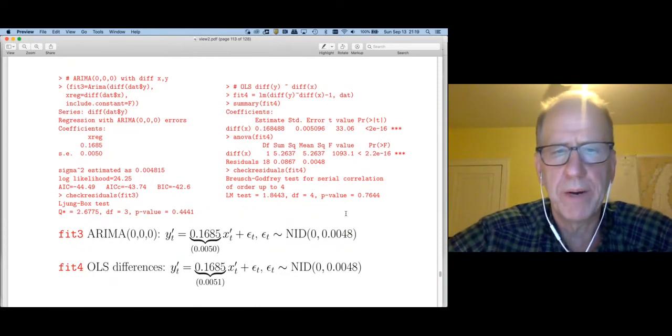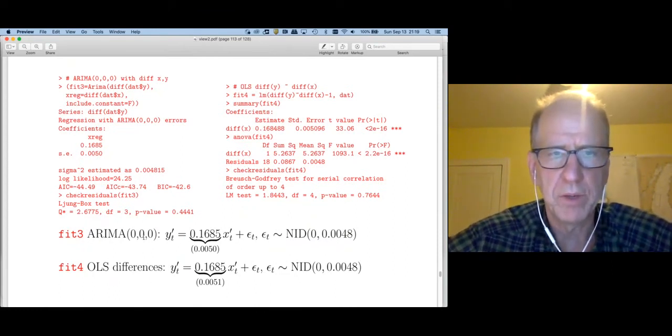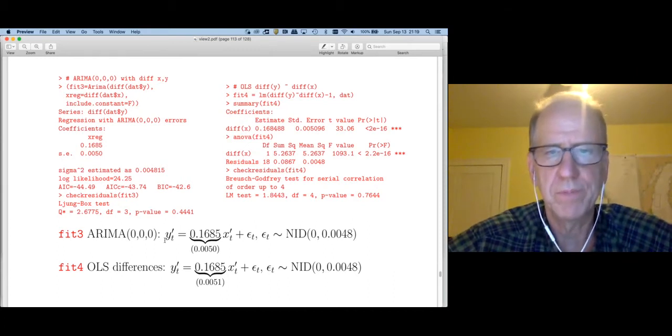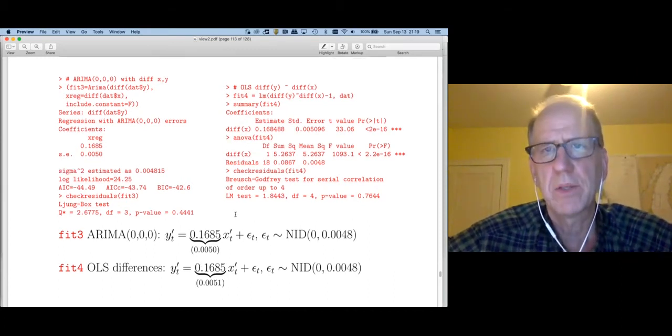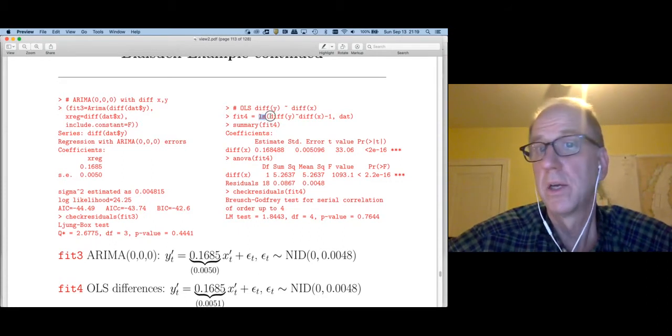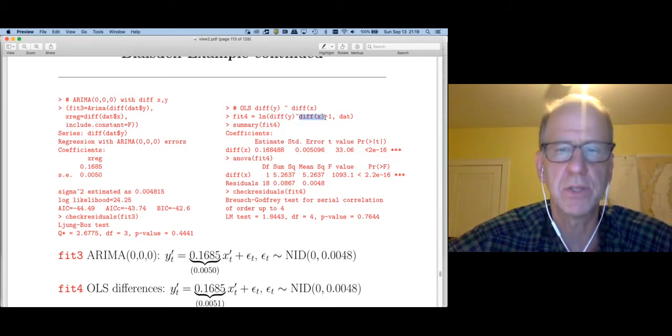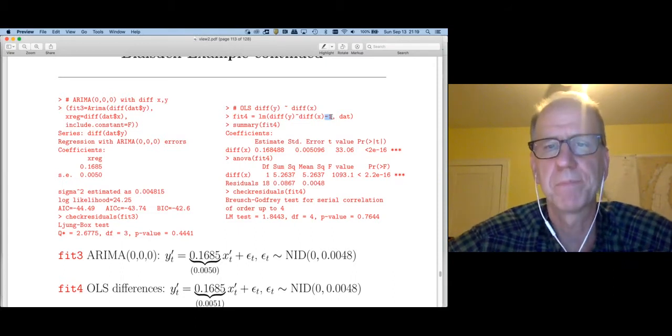Let's do one more model. So this is a much simpler model than the ARIMA 000, although it's equivalent. And so the idea here is we're just going to use the LM function to regress the differences in y's on the differences in x's. We don't even need an intercept. So that -1 says get rid of the intercept.